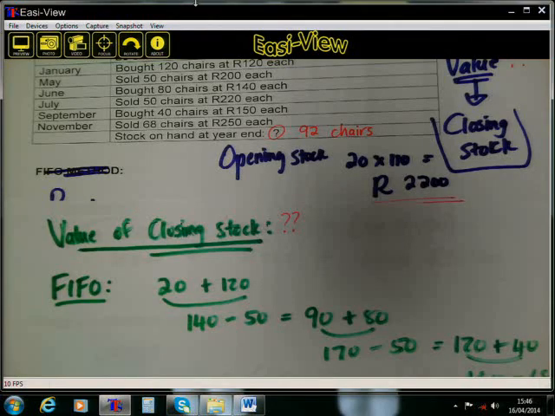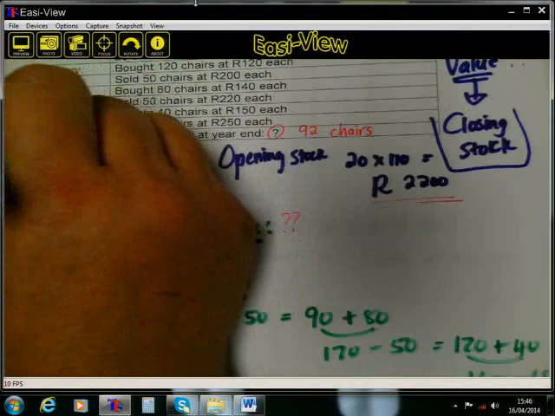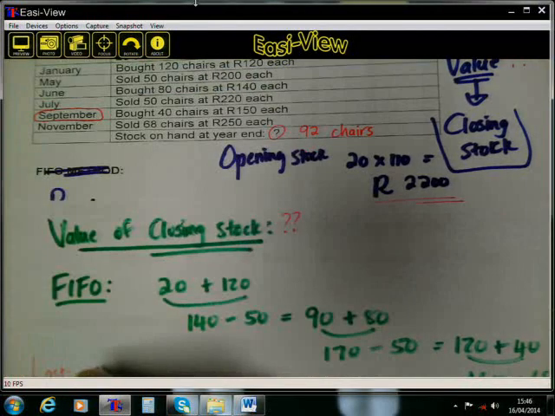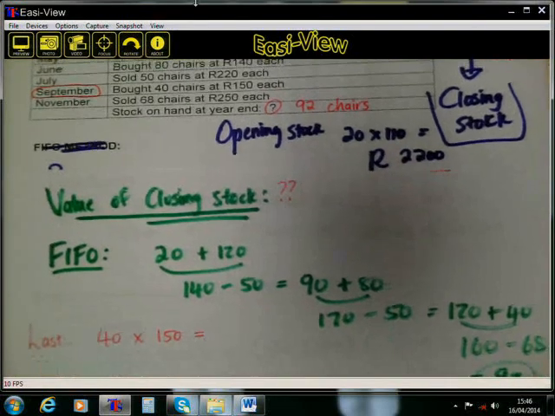The last chairs that we bought were in September. We bought 40 chairs at 150 Rand. Do we still have that 40 chairs?